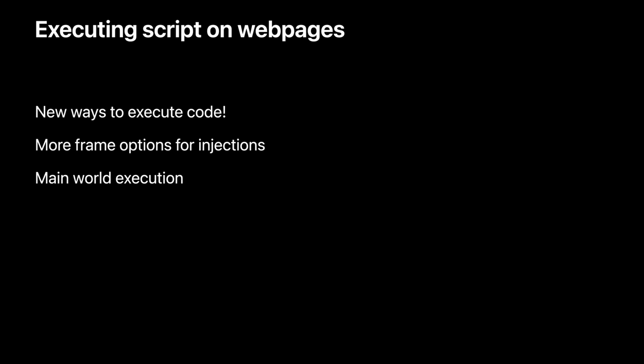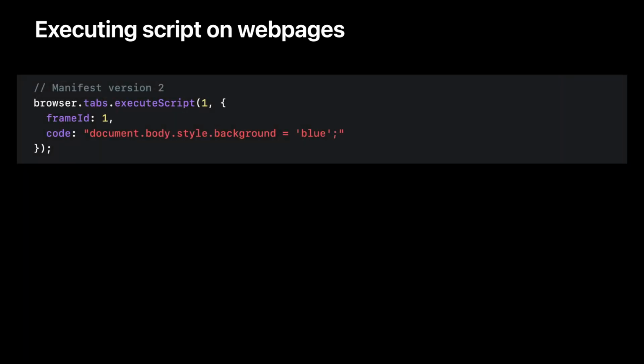Let's take a look at how the code for the new Scripting API differs from the Tabs API. In this code snippet, I'm using the Tabs.ExecuteScript API to change the background color of a web page to blue. And with this API, I can only inject code that's contained in a string by passing along the code property.